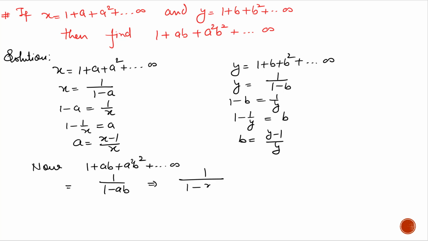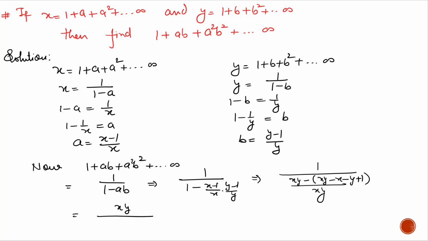Now we put the values of a and b. a is x minus 1 upon x and b is y minus 1 upon y. And after simplification, we'll get the answer xy divided by xy minus xy plus x plus y minus 1. xy cancels with xy, so the final answer is xy divided by x plus y minus 1.